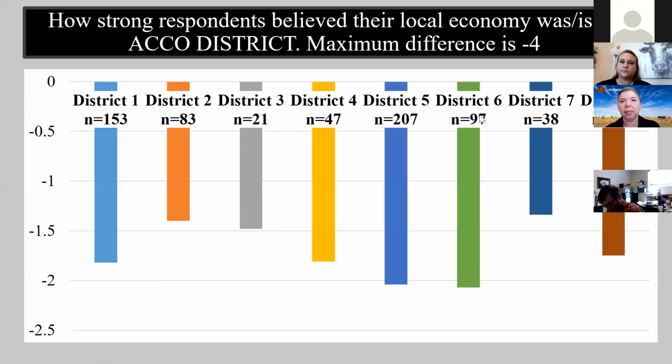So we kind of get down into the district thing again. I think there are some additional pieces here that are interesting. And what I really like about looking at this difference that they reported between January and when they filled out the survey is that we know there were events that were already affecting certain parts of our state as of January that were affecting that local economy.